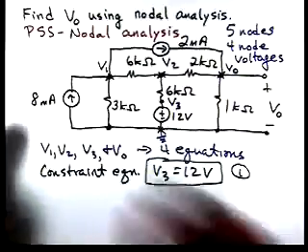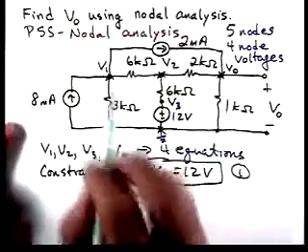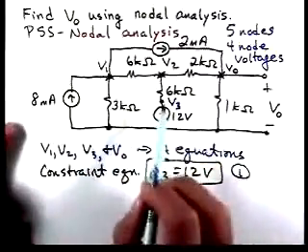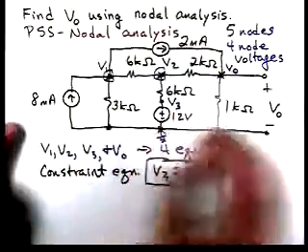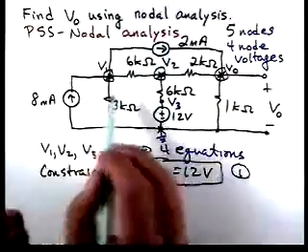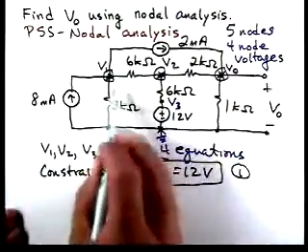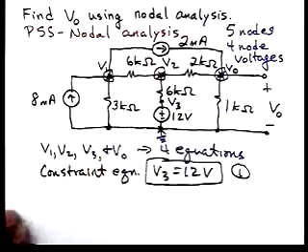Now we're going to apply KCL at the nodes that don't have the voltage source. So that means here, here, and here. Let's start at this node. I'm going to sum currents leaving through resistances and set that equal to the sum of currents entering from sources.